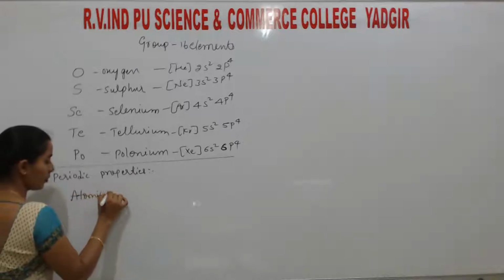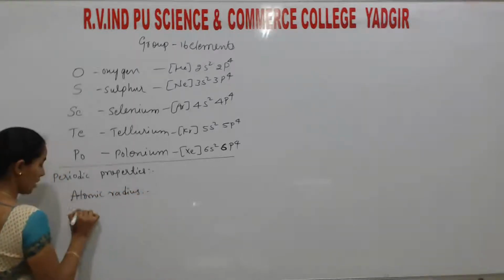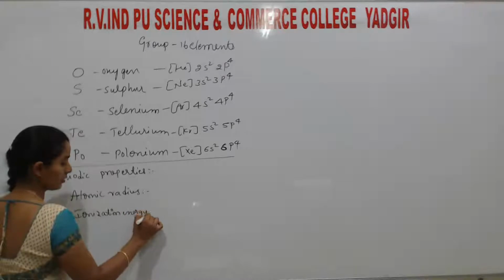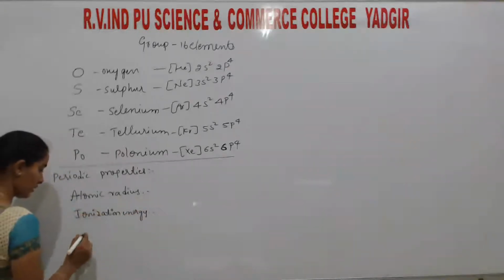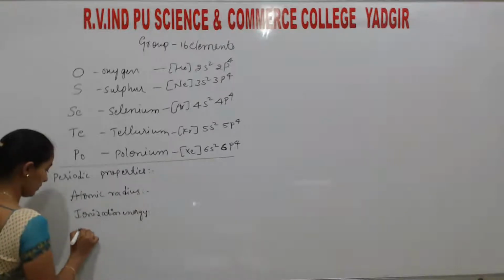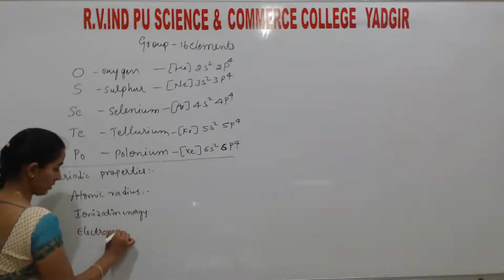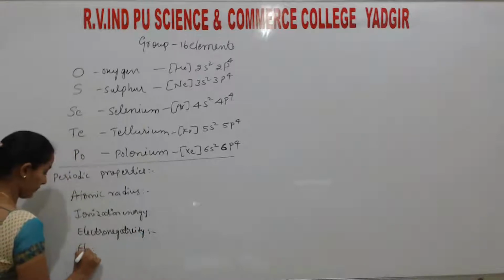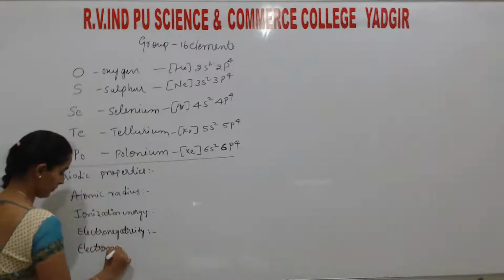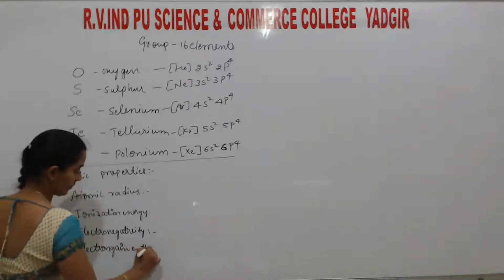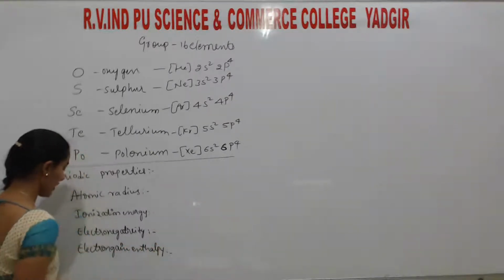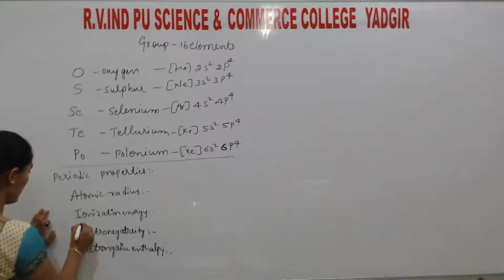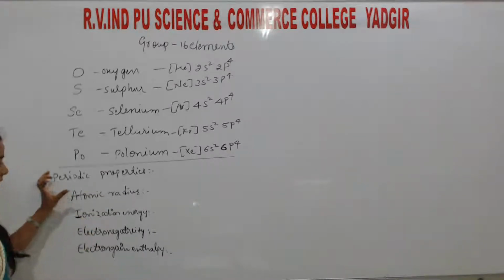Atomic radius, ionization energy, electronegativity, and electron gain enthalpy. These are the periodic properties.